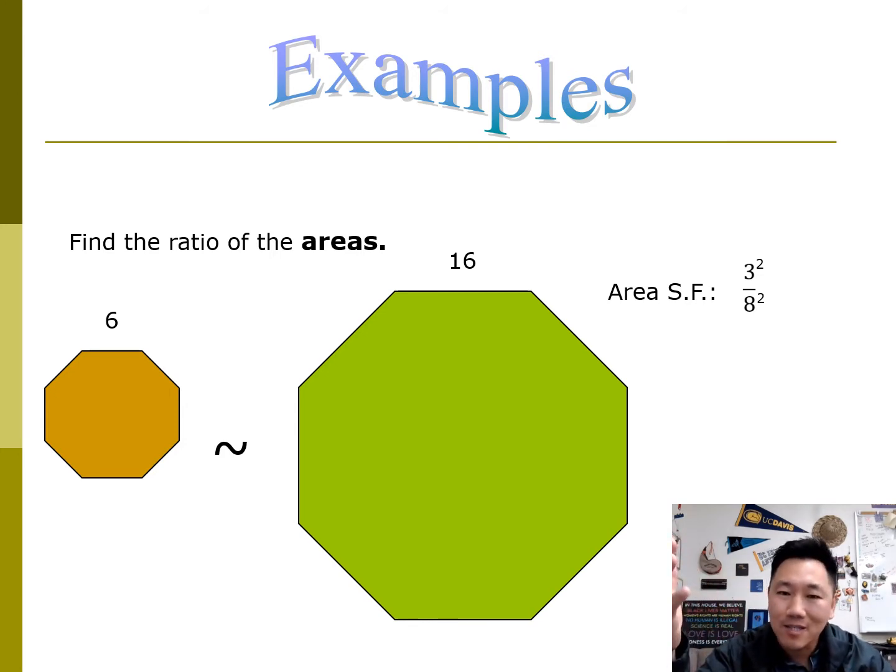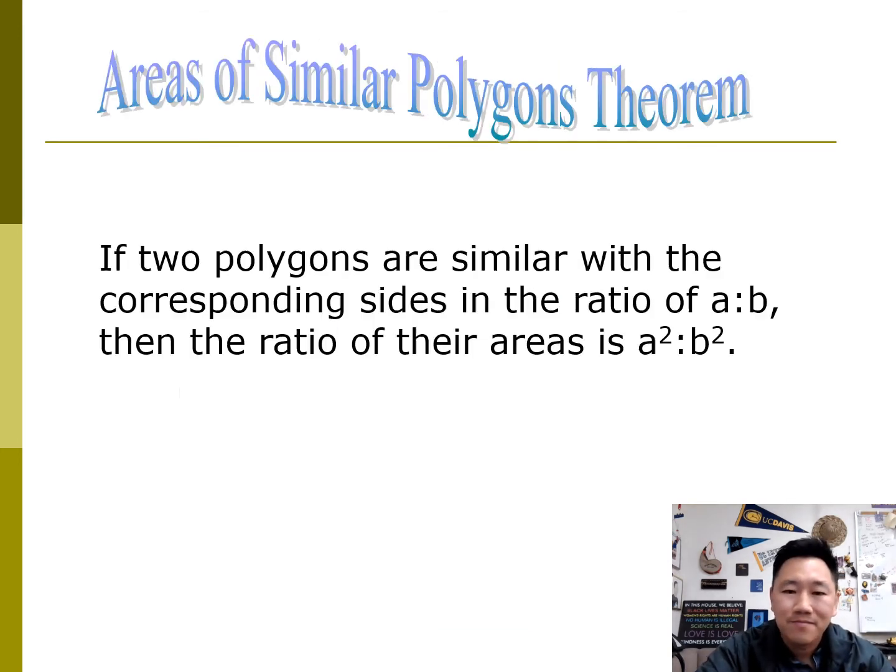And that kind of makes sense because all of our units for area are units squared. So you have to square those numbers. And that's actually 9 over 64. All right, so that's how you find the scale factor for area without having to actually find the area.